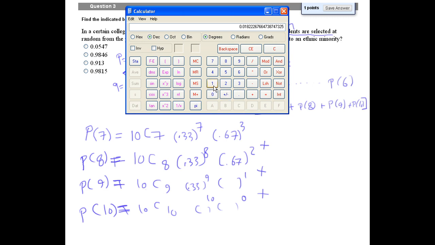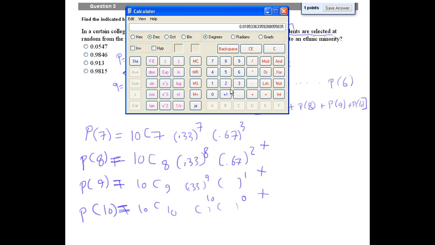10C9, which will be 10 factorial divided by 9 factorial divided by 1 factorial, and then we multiply this by 0.33 to the power of 9, and by 0.67 to the power of 1, which is 0.67, and you add plus 10C10.